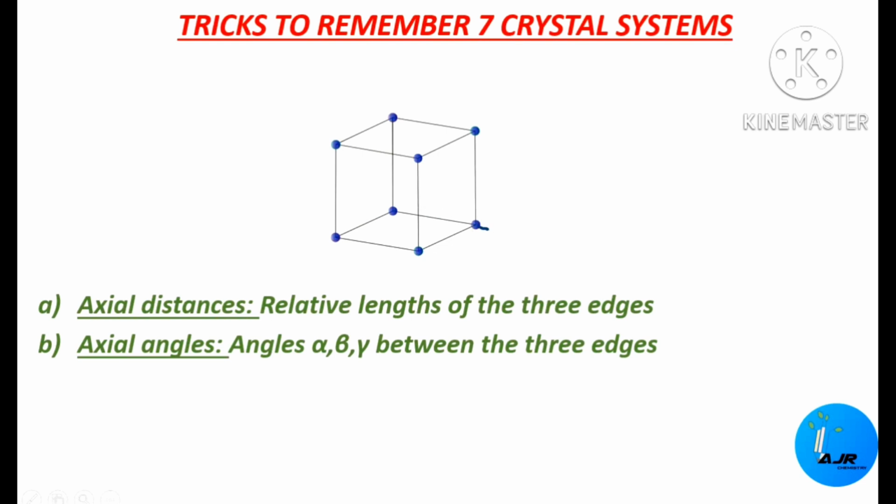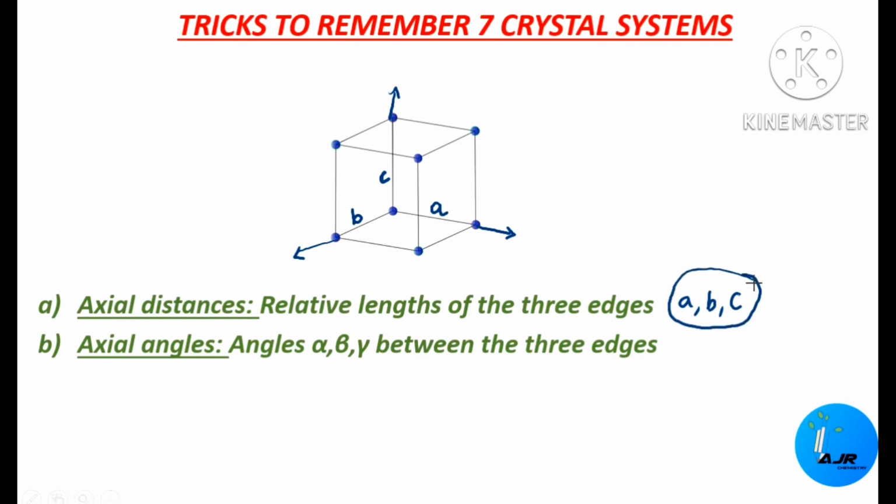Let this be A, let this be B, and let this be C. So this A, B, C, these 3 are the axial distances.